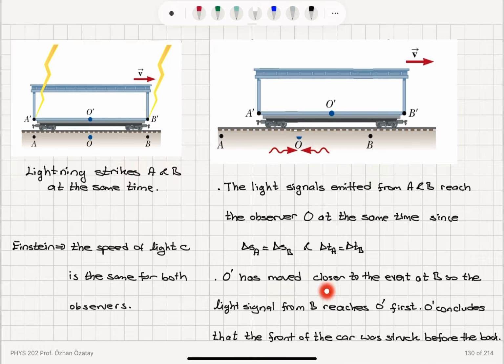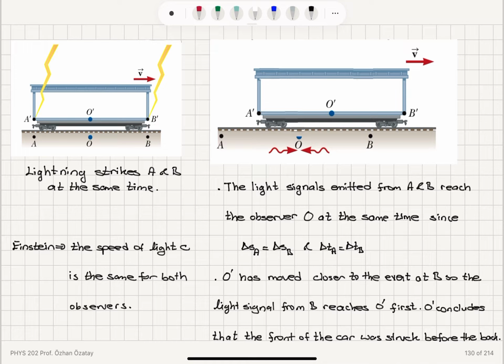So the light signal from B reaches O prime first. O prime will conclude that the front of the car was struck before the back of the car, because the light signal from B has reached first, and then the O prime observer sees the light pulse coming from A.